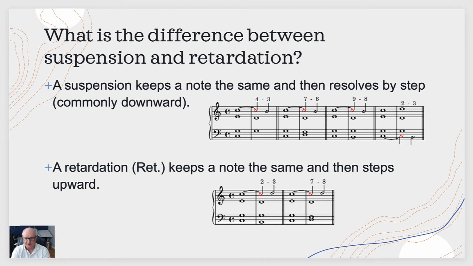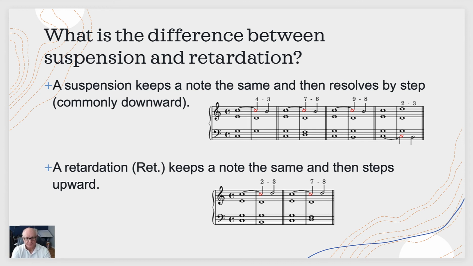So the 9/8, there's the first chord, and it resolves like this. And what's really kind of cool about it is it creates a moment of downbeat dissonance on the second chord, and then it's resolved. Retardation is the same idea, only the note goes up.